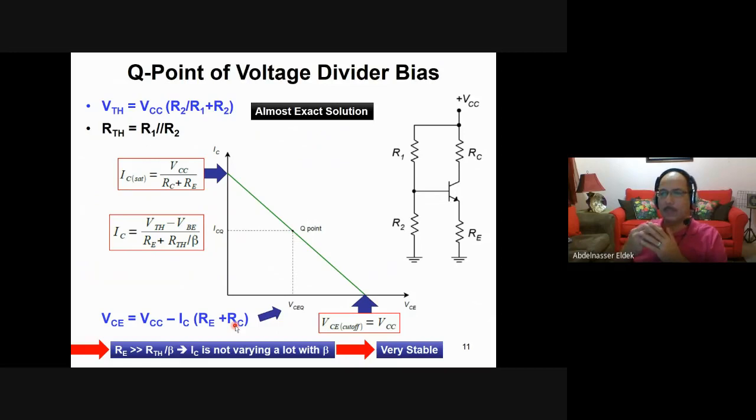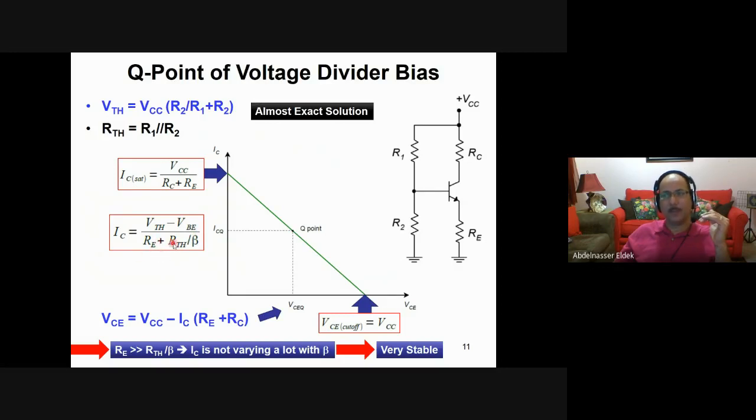Now, what do you notice here? Where is beta? Beta is here. So when beta is here, do you think that when you change beta, this will change IC? For sure, it will change IC. So how much will it change IC? If this RE is much larger than R Thevenin over beta, then the change will not affect too much.